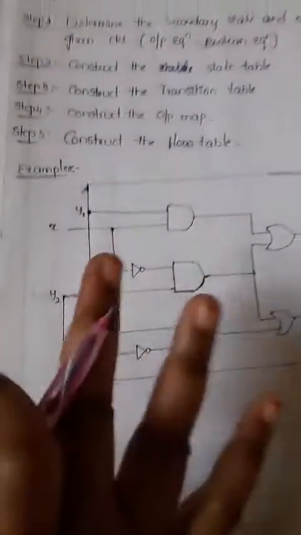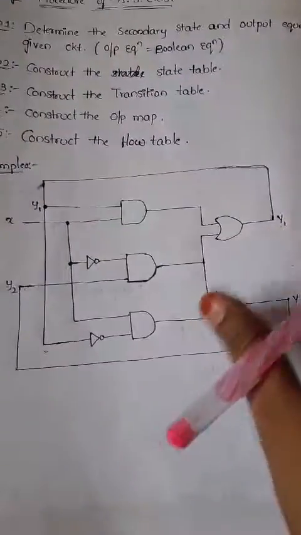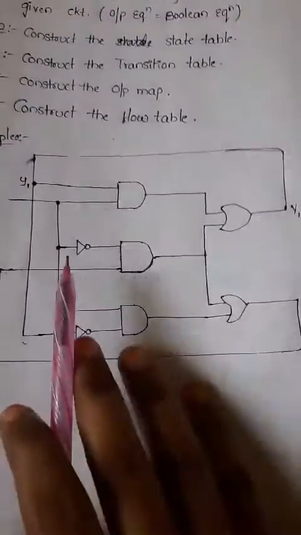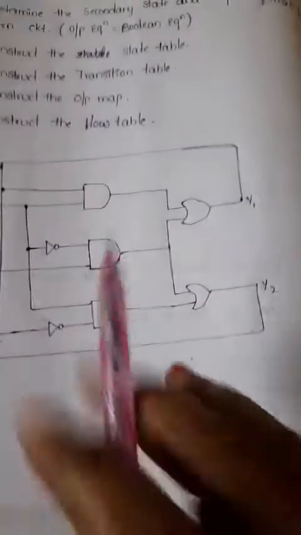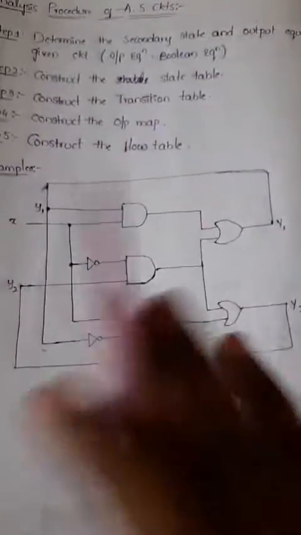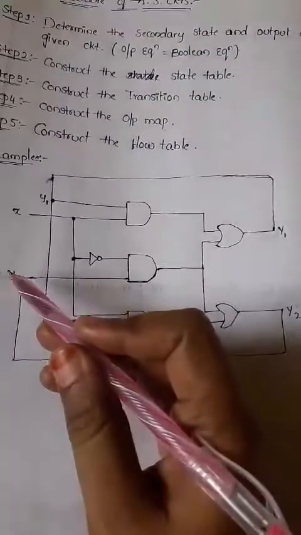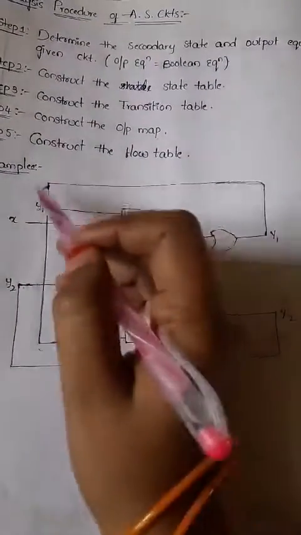Now find the boolean equations for this. Already they give the input variables, secondary variables and output variables. Now, what are the input variables here? This diagram clearly shows two feedback loops. Just observe where we have those feedback loops. This is one feedback loop and this is another feedback loop.